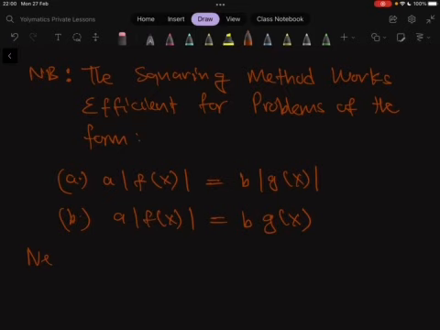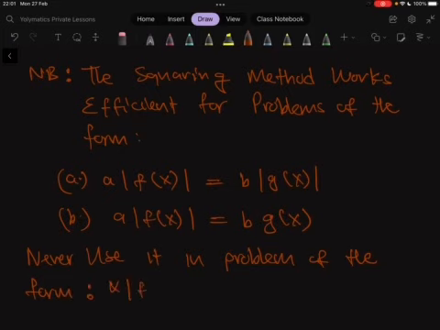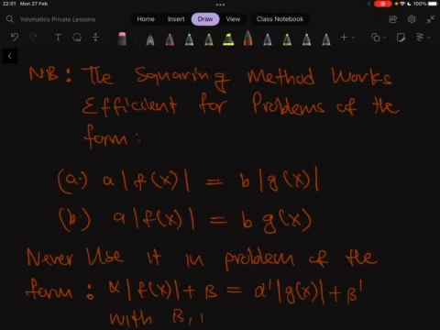So never use it in problems of the form alpha |f(x)| plus beta equals alpha prime |g(x)| plus beta prime, because once you have things lying outside with beta and beta prime not equal to 0, these problems can be very complicated when you try to use this technique.